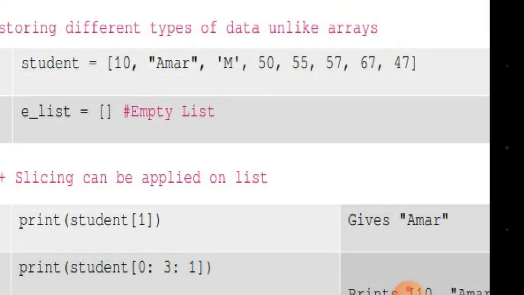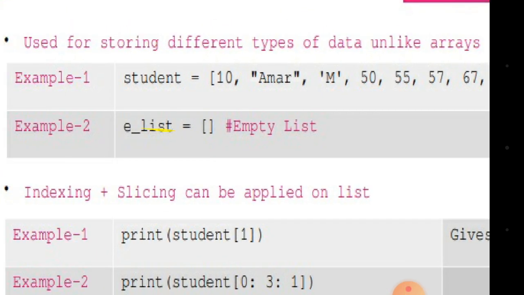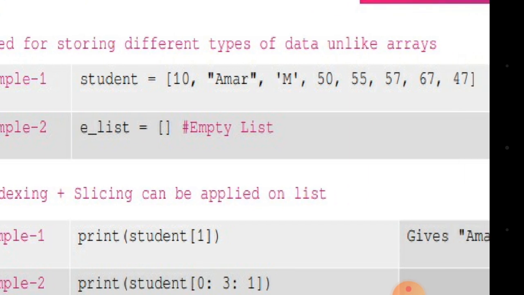So for this, I have taken the example of student. Here student is declared as a variable which contains a list, where the first element is 10. 10 is an integer data type. Then in double inverted commas, written as a string, is Amar.